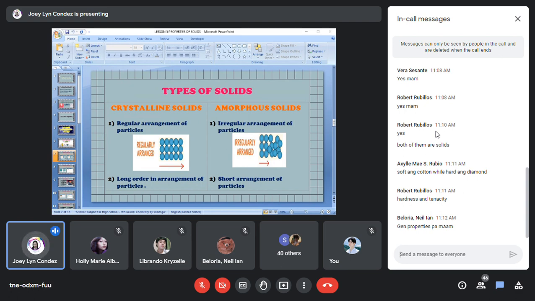Okay, so that's why some substances are hard and some are soft. It has something to do with the arrangement of their particles. Some solids can be stretched, and these are amorphous solids. For example, a rubber band is a solid, but it can be stretched. It has something to do with the irregular arrangement of their particles.